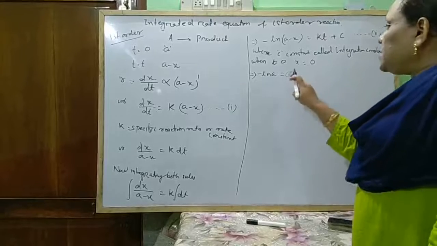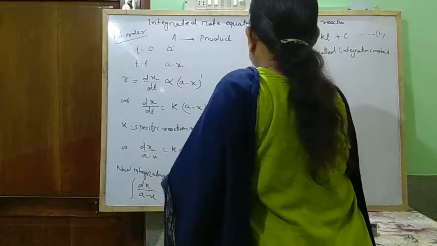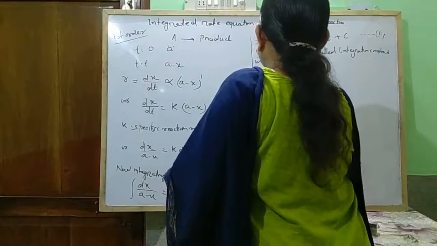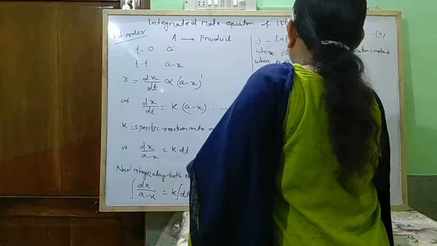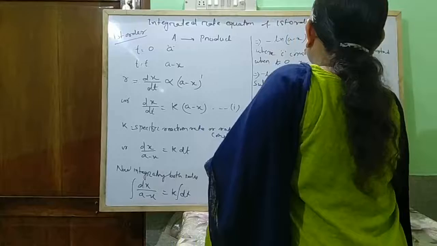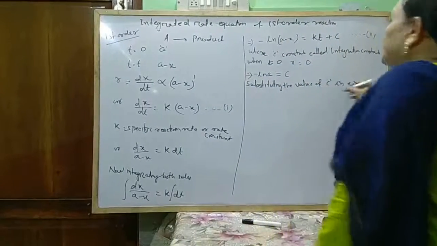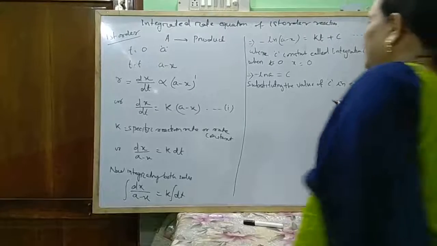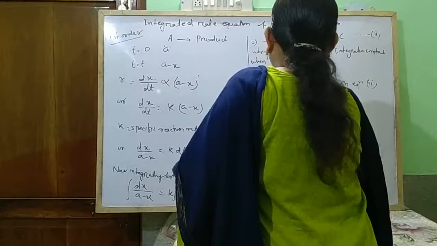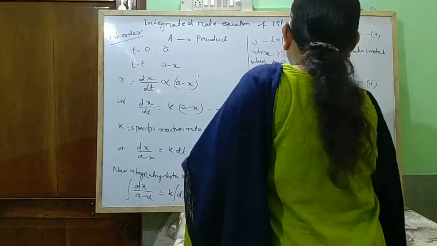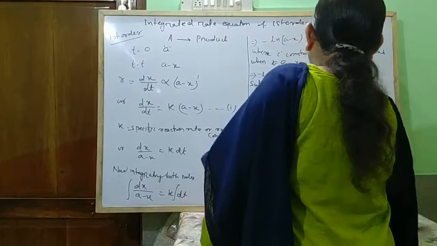Now substituting this value of c in equation 2, we get minus ln a minus x equal to kt minus ln a.